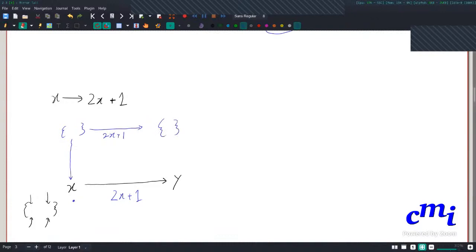So now what you know is that any value in your precondition is going to be contained in this set. And since this set is the image under the operation that takes X to 2X plus 1, any possible value of Y that you see will be contained over here, right?